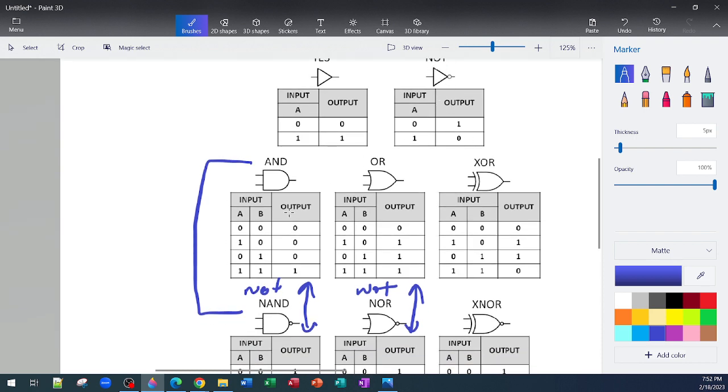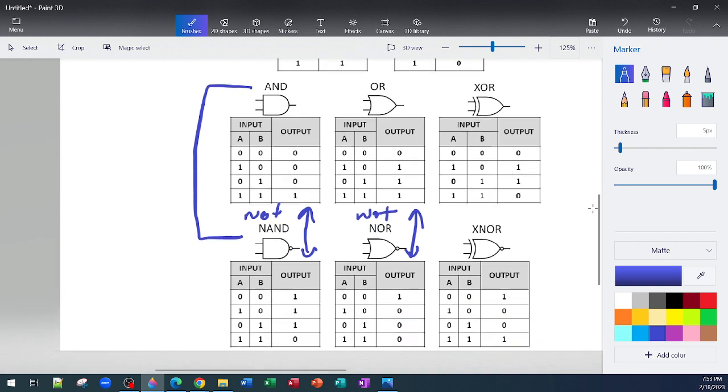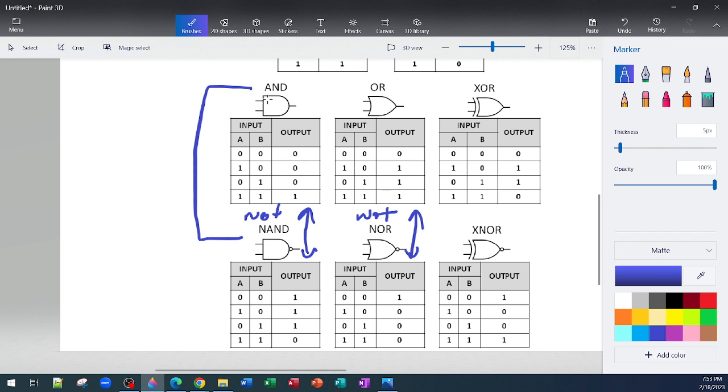NOT is the opposite, and for AND, all 1s give you 1, everything else is 0. For the OR, all 0s give you 0, everything else gives you 1. And if you remember that, you just do the opposite of the AND and it gives you NAND. Do the opposite of OR, and it gives you NOR.